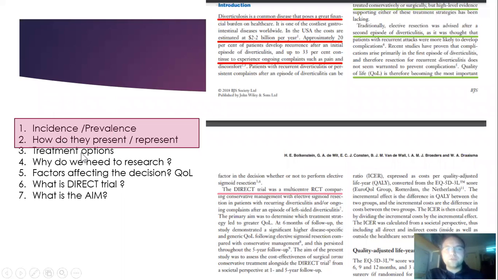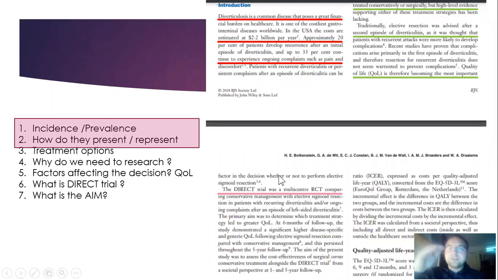Then they've moved into treatment options. If you see here the green underlined, I've underlined it for you. You can see that they can treat it either conservatively or surgically, and then they jump into what was traditionally done, and then they say why we need to research it. And they talk about quality of life, and that's the most important factor.